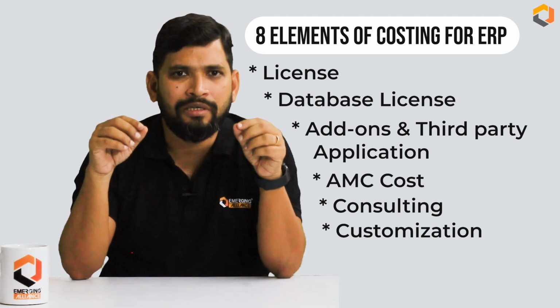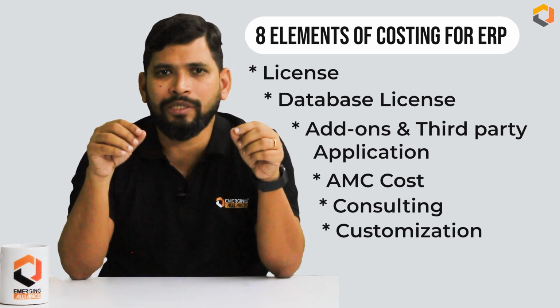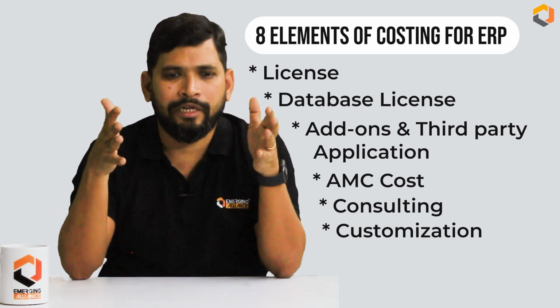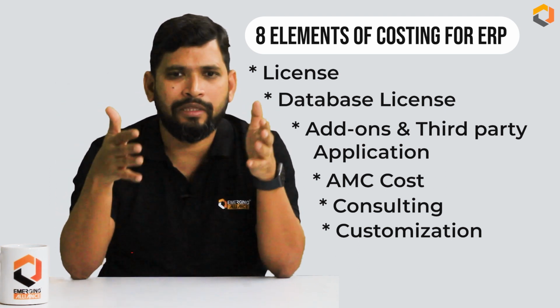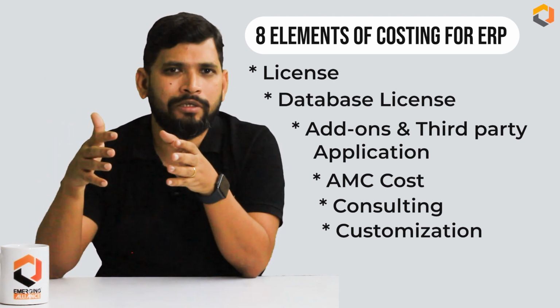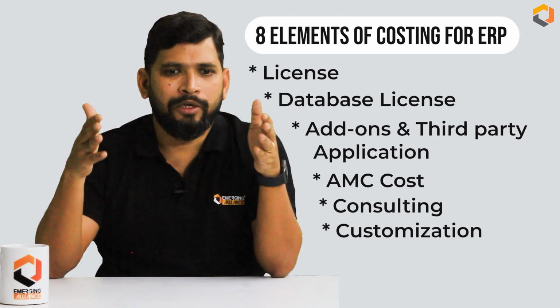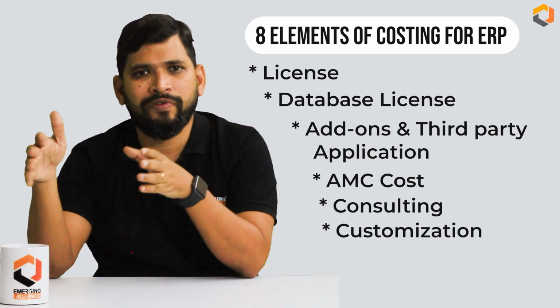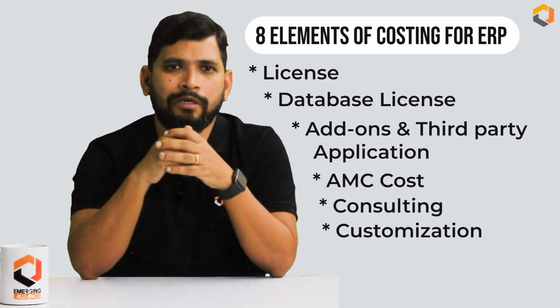Customization is a one-time charge and once again collected in multiple phases. The phases can be requirement gathering as one phase, then they build or customize it and give it to you for user acceptance testing, where you look at the customization, test it and say it's okay. That's the second phase, and then going live is the third phase.